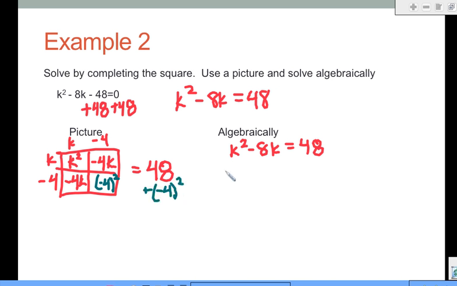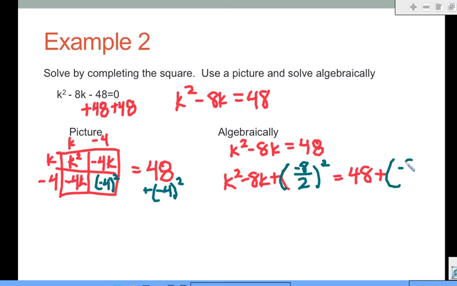Algebraically, again, we have k squared minus 8k plus, we take our b value, divide it in half, so we get those outside parts, and then we square it. And we have to add that to both sides. 48 plus 16.